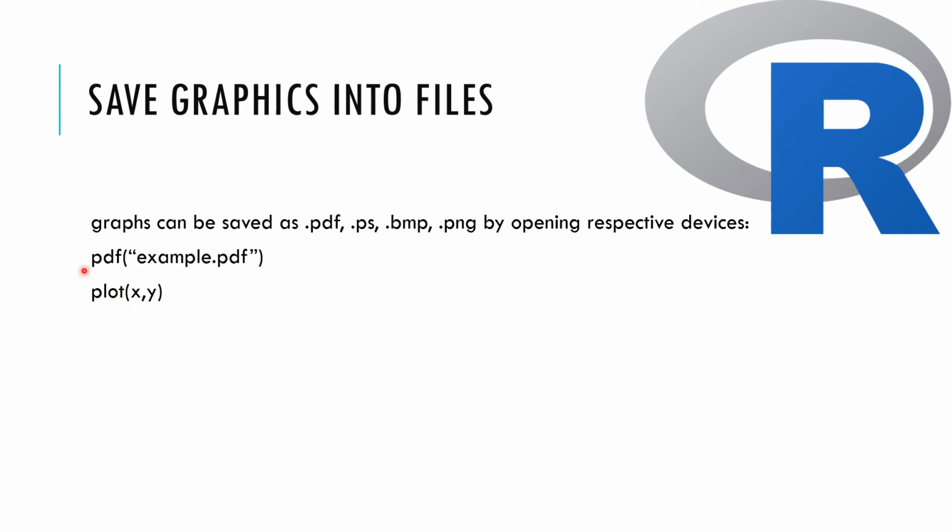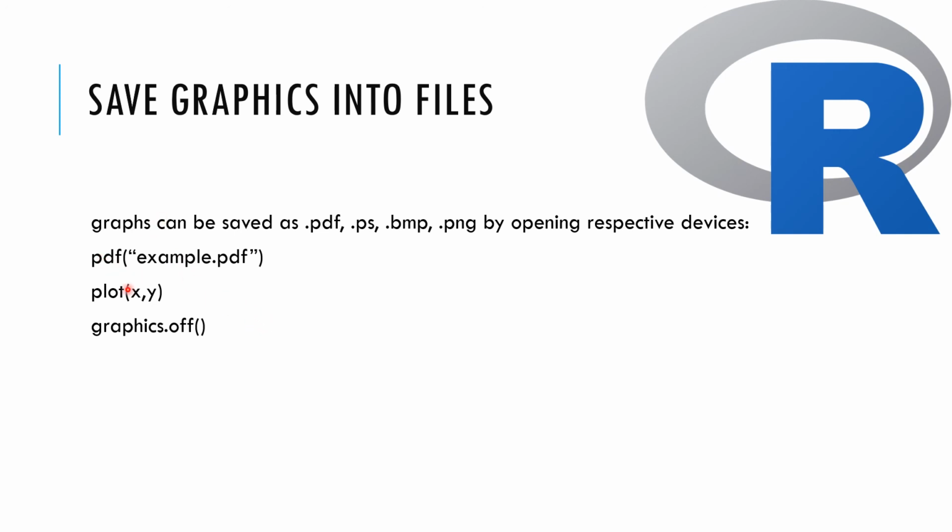Once you type this, on the next lines you type all the code for the plotting, and then you close the device by typing graphics.off, and it will automatically save this plot by this name in the working directory.